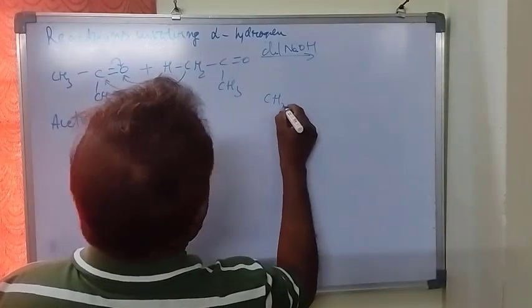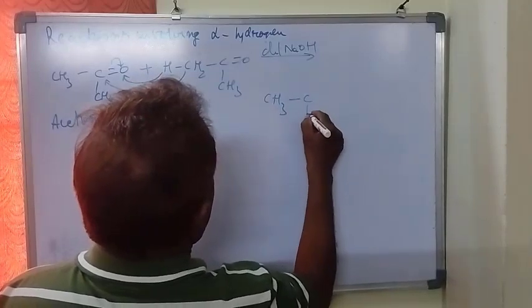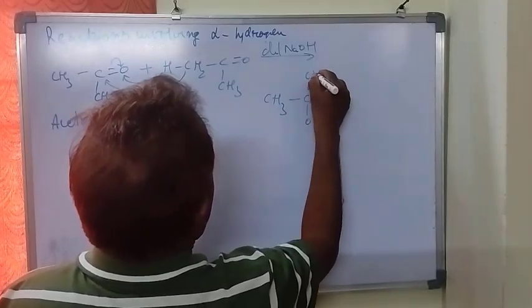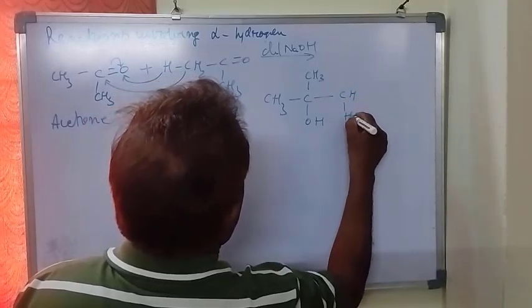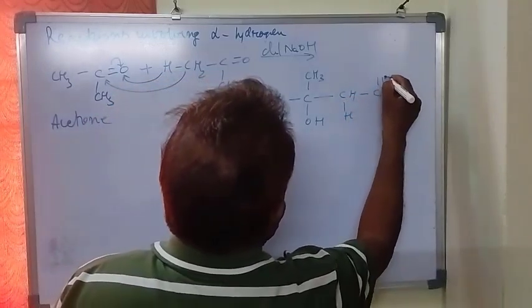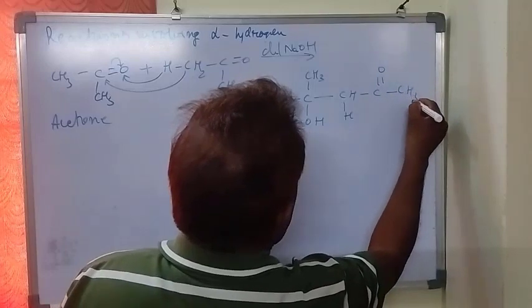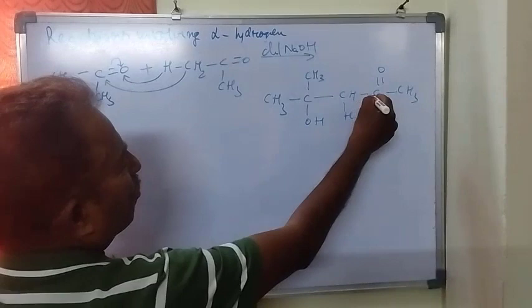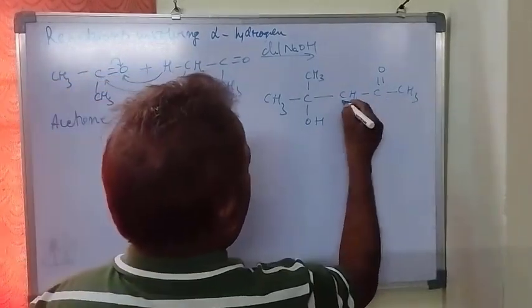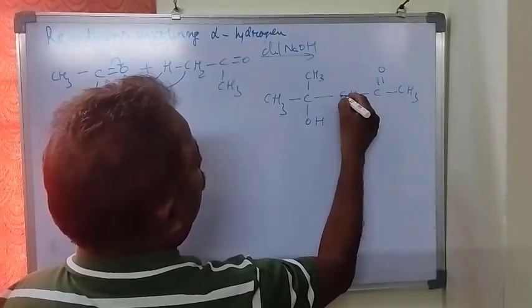So, what do we get here? This is CH3, COH, CH3. This is CH, C double bond O, single bond CH3. So what is this substance? Ketone is the main functional group. 1, 2, 3, 4, 5.